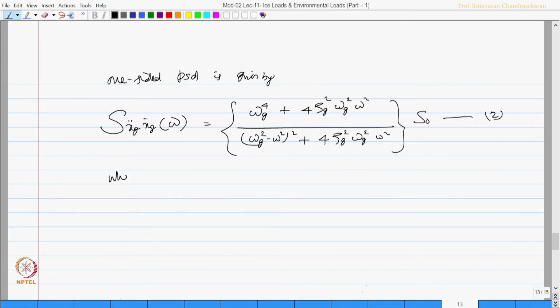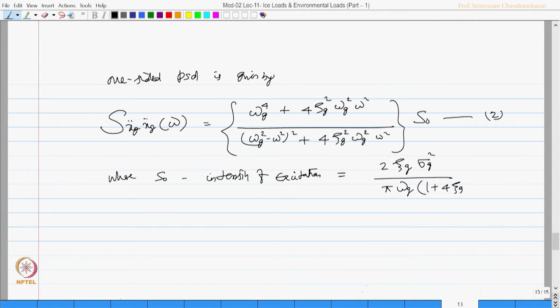where S 0 is called intensity of excitation, which is given by 2 zeta g sigma g square by pi omega g 1 plus 4 zeta g square.